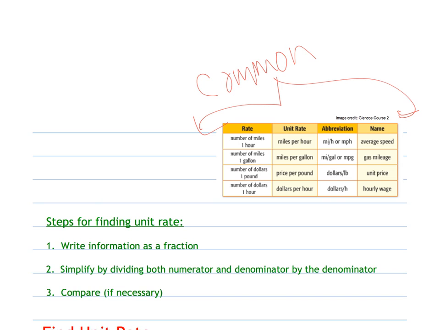A rate like number of miles an hour, number of miles a gallon, number of dollars per pound, number of dollars an hour, a lot of times when people are getting paid. So the unit rate of those would be miles per 1 hour, per gallon, per pound, per hour. Some different abbreviations here, and then names of what those are called.